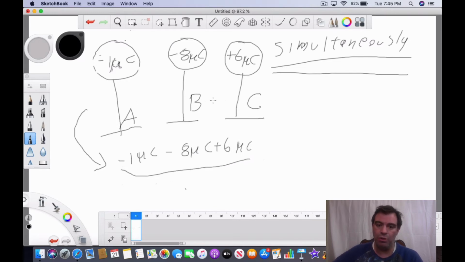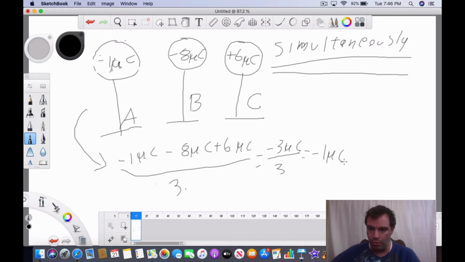In this case, we have 1, 2, 3, so we divide by 3. -1 plus -8 is -9, plus 6 gives us -3 microcoulombs in total. And we divide it, of course, by 3. That gives us -1 microcoulombs.